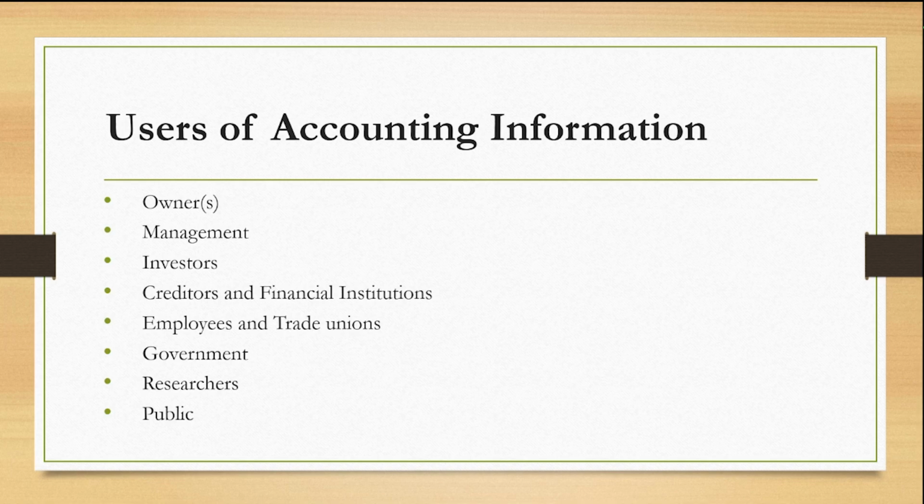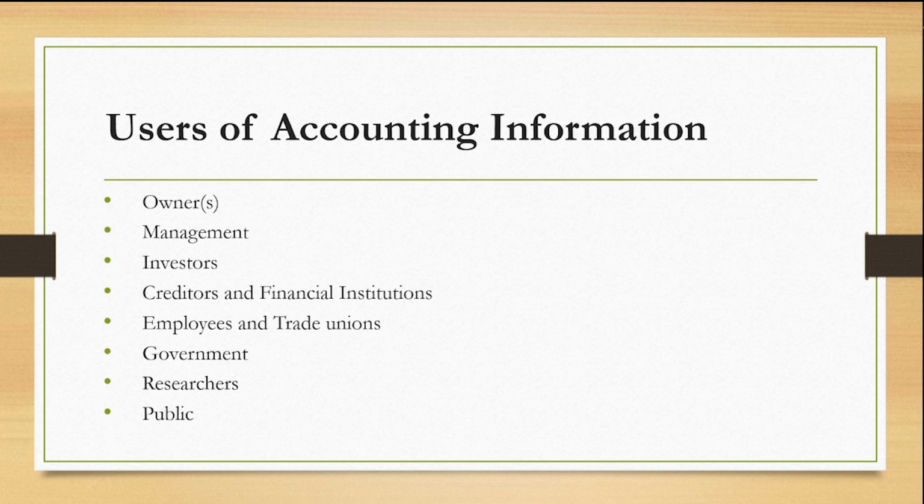These are the users of accounting information. So the owner wants to know about the business, whether the business is profitable or not, and what about the financial situation of the business at a given point of time.